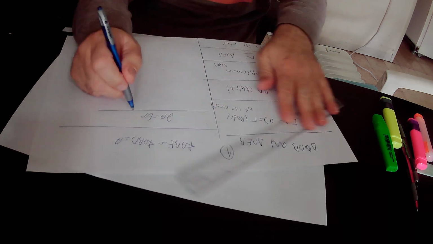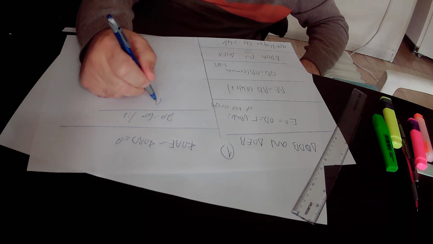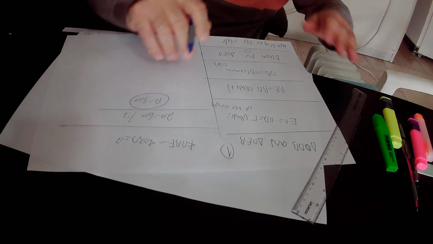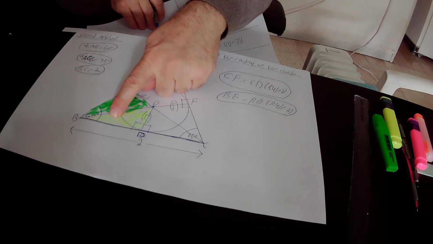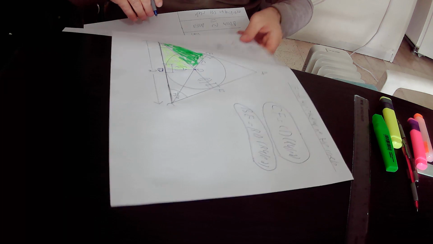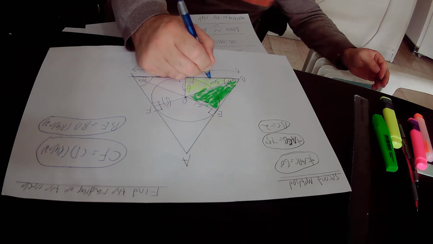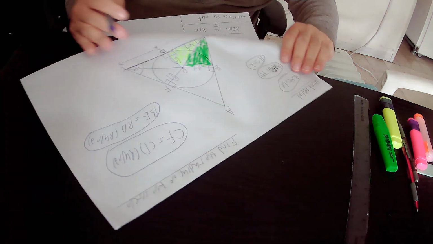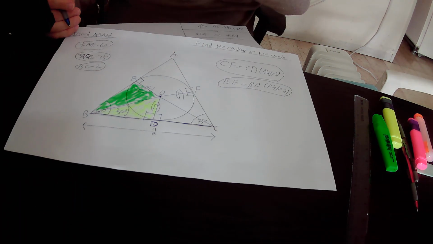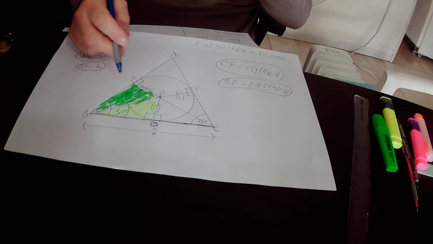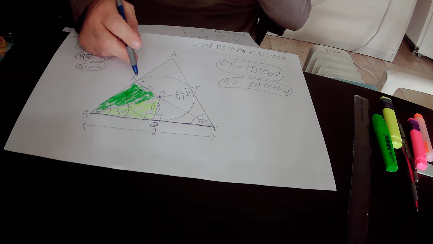Here we divide this equation by 2 and finally we get that theta equals 30 degrees in its size. In the next step, I will copy the right yellow triangle OBD in a new page and we'll analyze it.